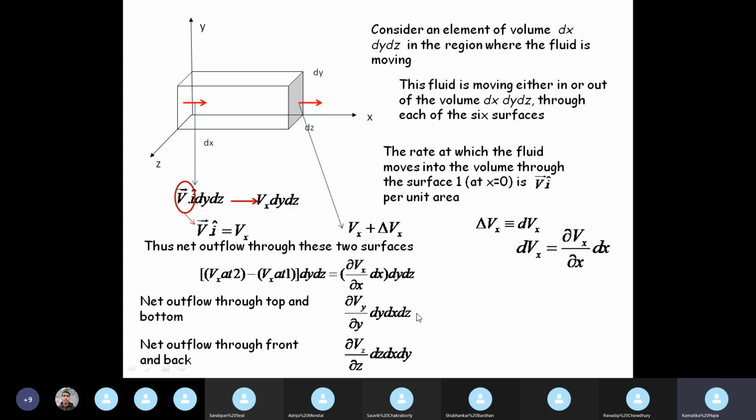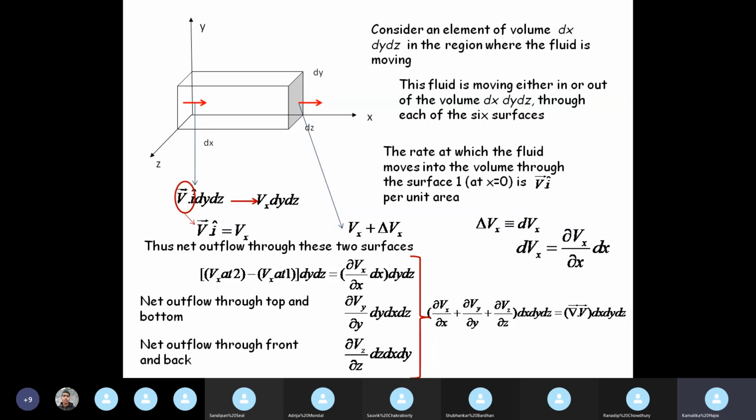So the net amount, the result of fluid in and fluid out through all the 6 surfaces, is a sum of these 3 terms. That is, del Vx del x plus del Vy del y plus del Vz del z into dx dy dz. But this term within the bracket is nothing but the divergence. So this is given by divergence of V dx dy dz.